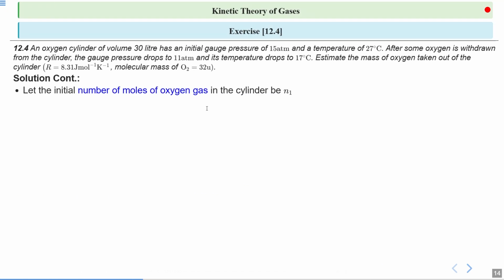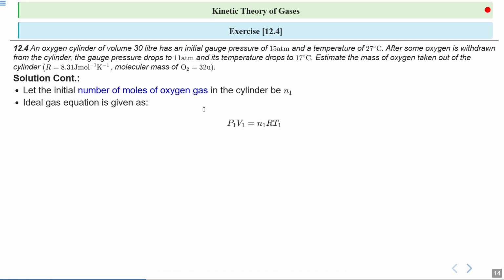Now, first we need to determine the initial number of moles of oxygen gas in the cylinder. To find the number of moles, we will use the ideal gas equation. The ideal gas equation is expressed as P1V1 is equal to n1RT1. Here P1 is the initial pressure, V1 is the volume, n1 is the number of moles, R is the universal gas constant, and T1 is the initial temperature.